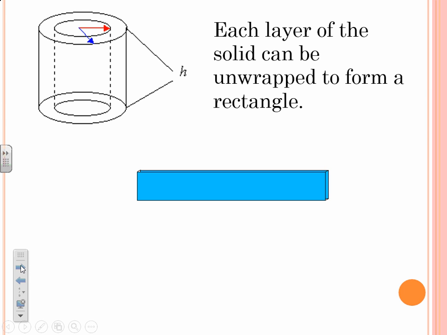This is just the height, right? We have a thickness, but how long is this rectangle? If it's circular and then I cut it and I lay it out flat, how do we know how long it is? It's the circumference. Okay, it's the circumference of whatever that circle is. Do you agree?